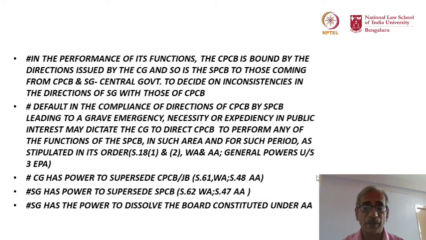It makes it very clear that in such a situation of grave emergency, of necessity or expediency, and public interest may demand, that the central government can direct the Central Pollution Control Board to take over the functions of the State Pollution Control Board and perform those functions in such areas and for such a period as is stipulated in its order by the central government. What is the effect of this direction? It's a highly centralized law.